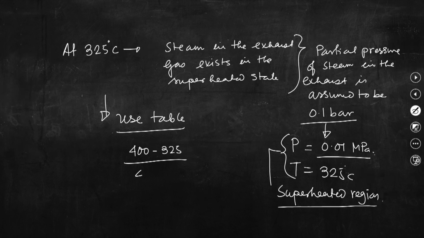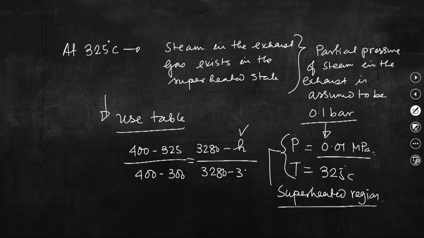We take the two temperatures in the steam table, 400 and 300, because 325 is in between these two, and looking at the superheated table for these two values, we get 3280 kilojoule per kg minus 3076.7.